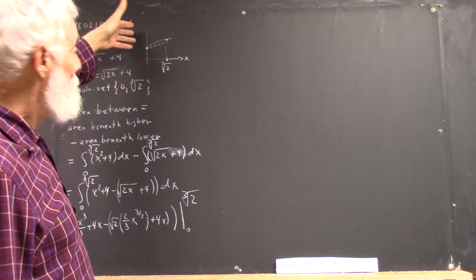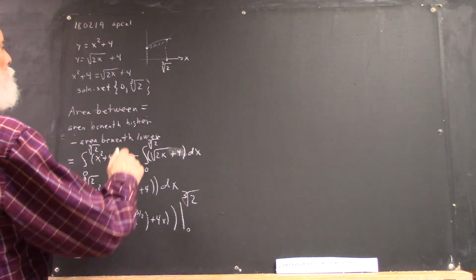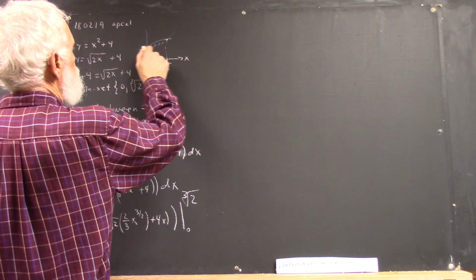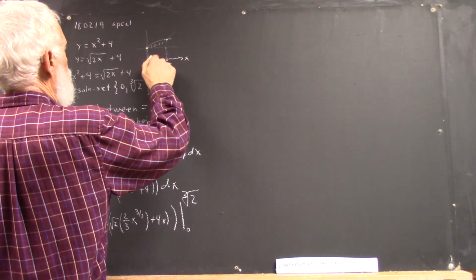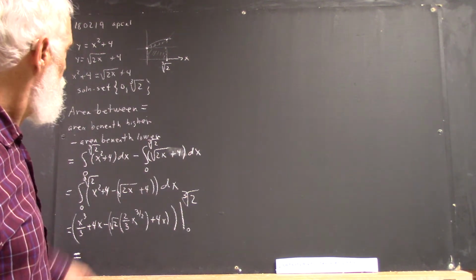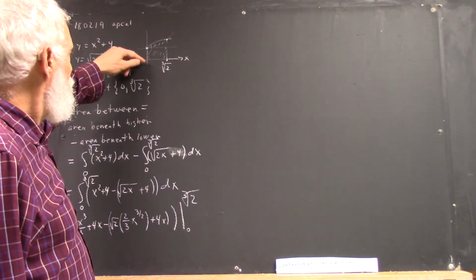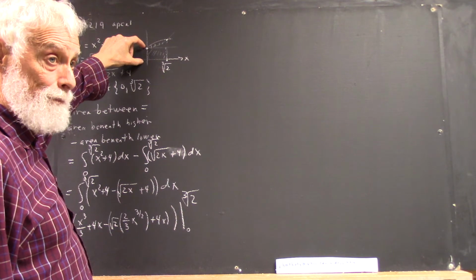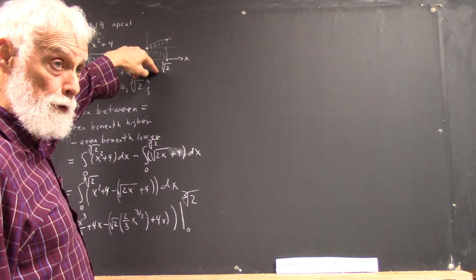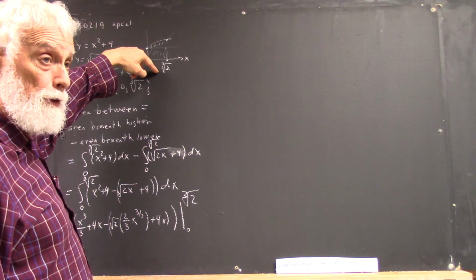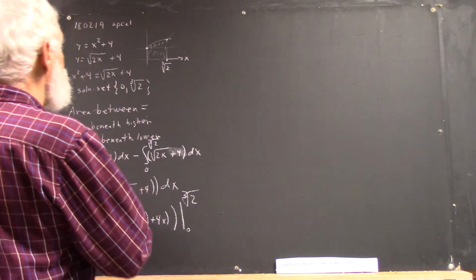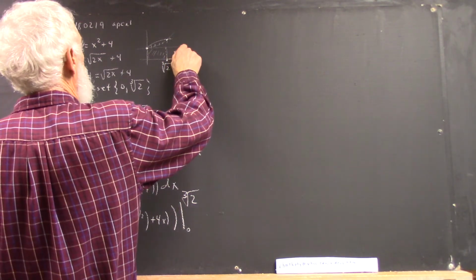If these are representative curves, the area of this rectangle here is what? Well, the height is 4. The dimensions of this rectangle are 4 by the cube root of 2, right? And 4 times the cube root of 2 is pretty close to 5. So rectangle area.